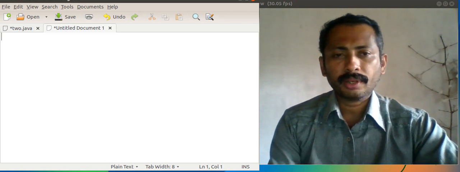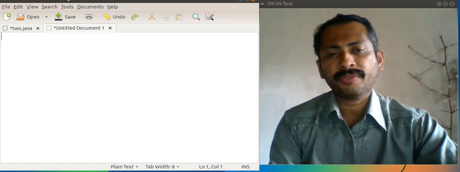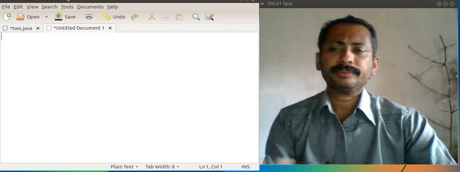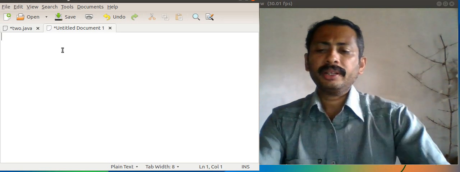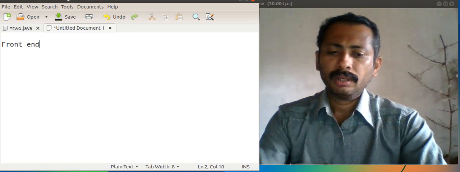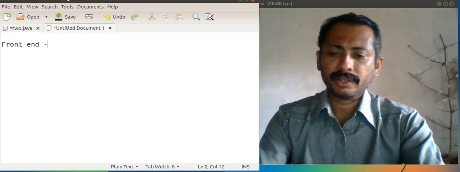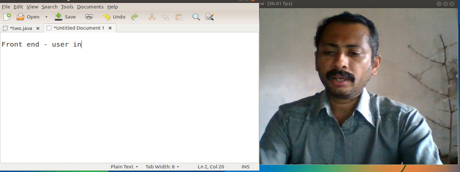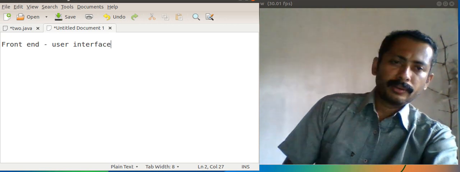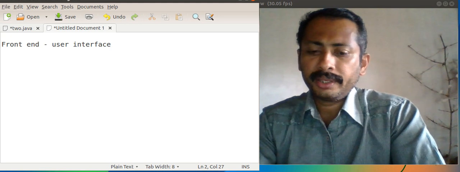And these systems will be having two ends called front end and back end. Front end is the place or the software where it is the user interface, in which the user sees the data. That is front end.